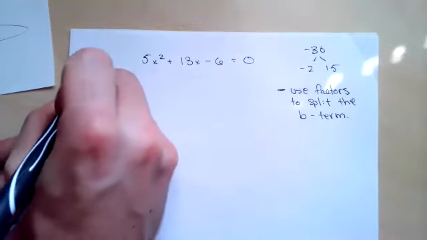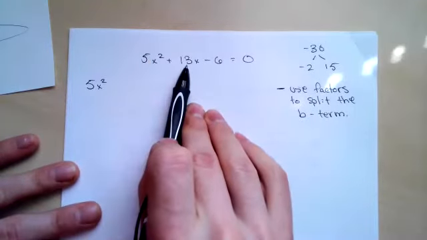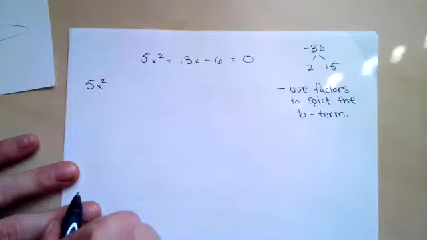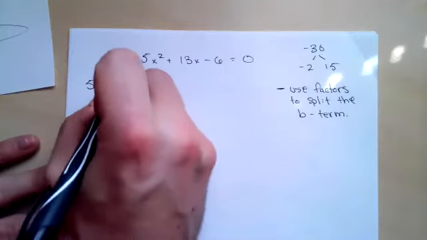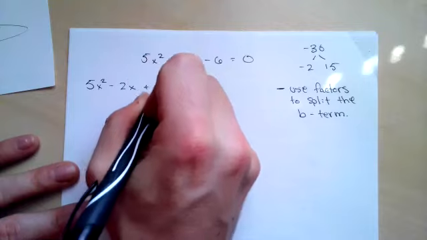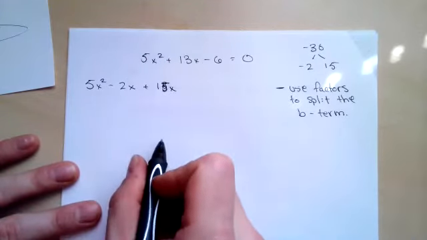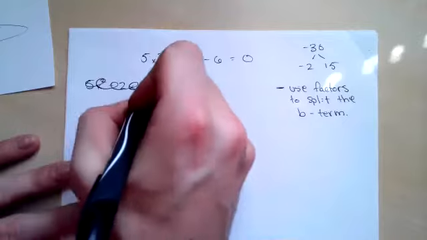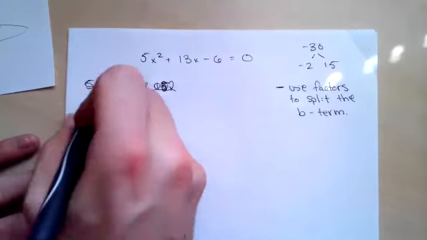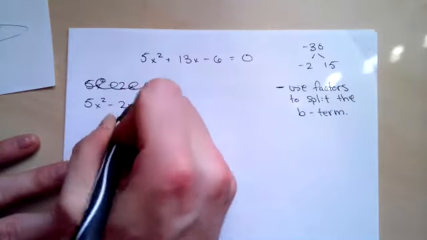So our 5x squared is going to remain the same. Our 13x, we're using the sum of these two to write that 13x. So 13x we can write as the sum of negative 2x plus 13x, or excuse me, 15x. Can you guys read that? Let me just rewrite it. Perils of writing on paper. I don't have an eraser. I don't think pencil would show up well on the videos.